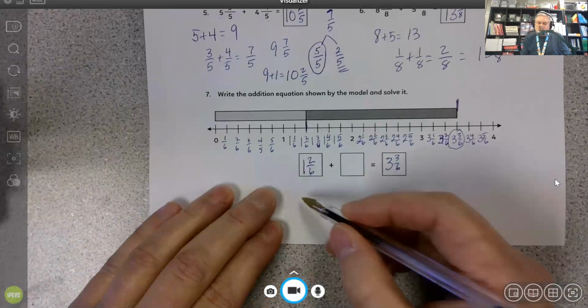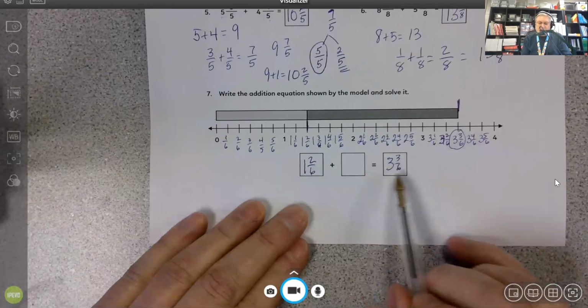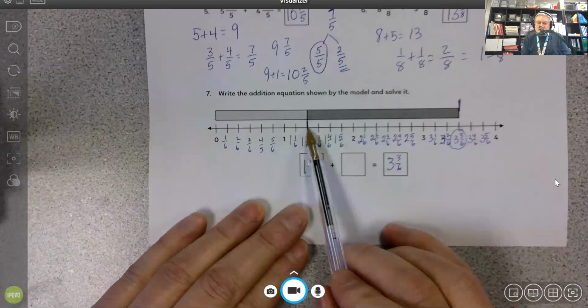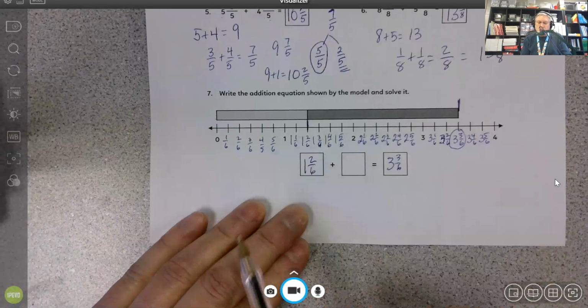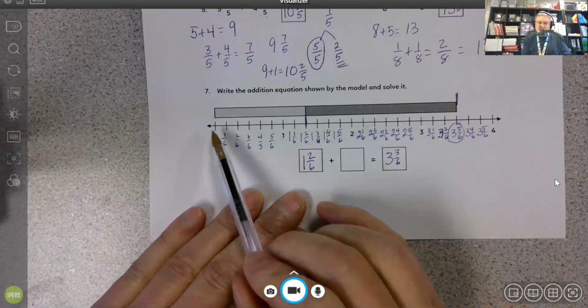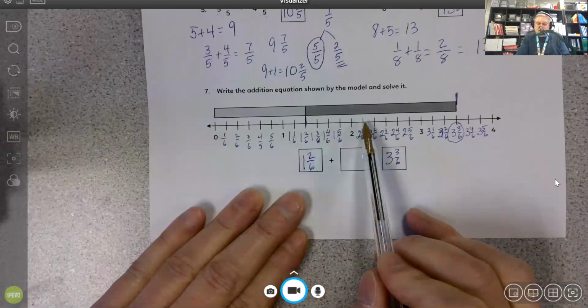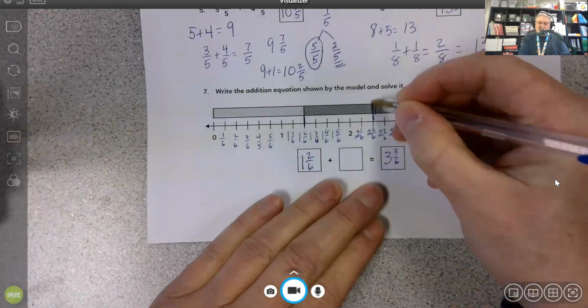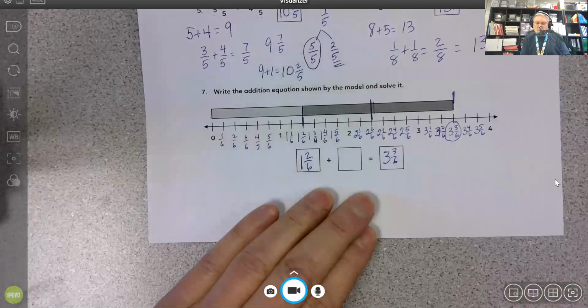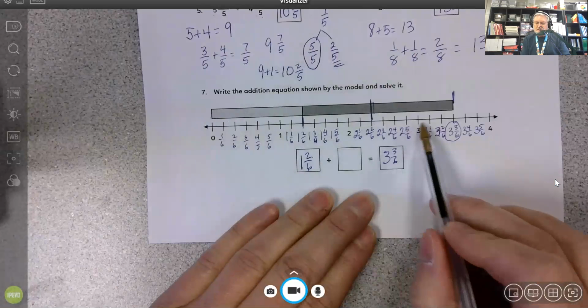So I look over here. I know that I have to move 6 spaces to equal 1 whole because they're sixths. So if I go 1, 2, 3, 4, 5, 6, so that's 1 whole. 1, 2, 3, 4, 5, 6.